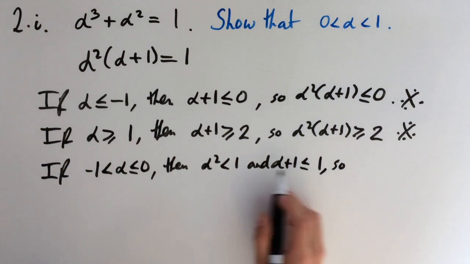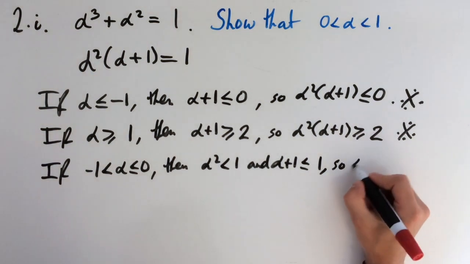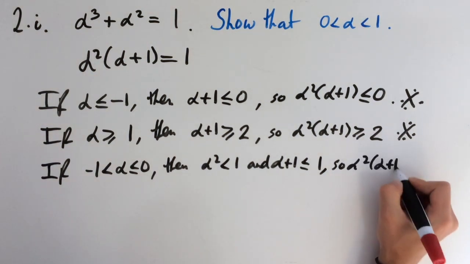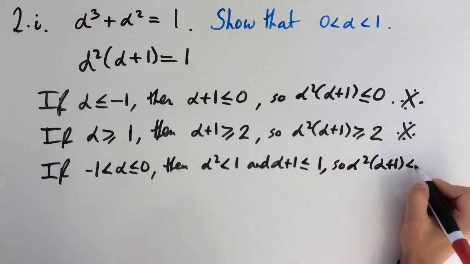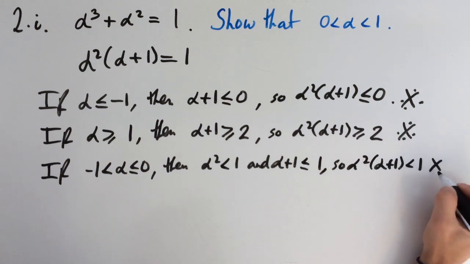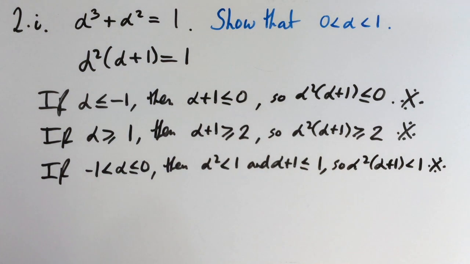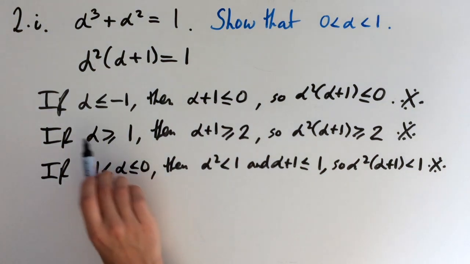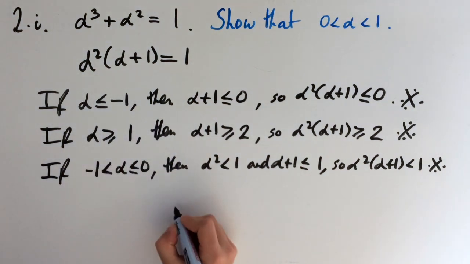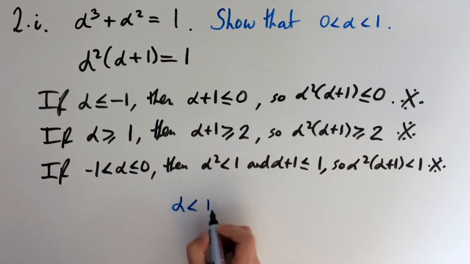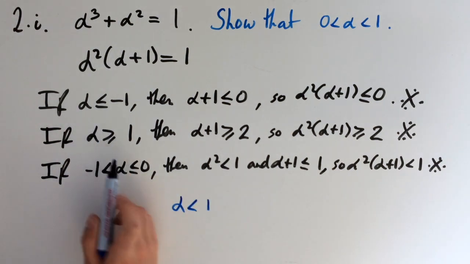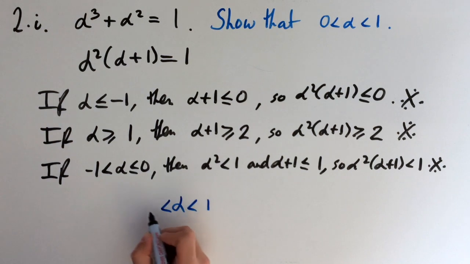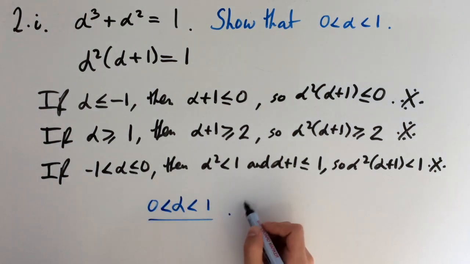So the product alpha squared times (alpha plus 1) is strictly less than 1, which is another contradiction. So now we know that alpha is not in any of these regions. From this we can deduce that alpha has got to be less than 1, because it's not greater than or equal to 1, and it's got to be greater than 0, because it's not less than or equal to 0. So this is our proof.